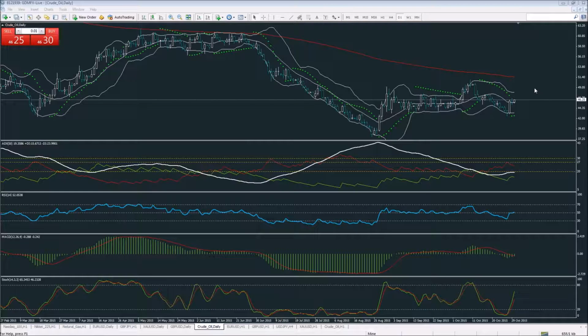Because of fluctuations between the two benchmarks, for example, one of them is selling for, let's say, $60 a barrel, which is the Brent crude. The other one is selling for $50 a barrel. The difference between the two prices is the so-called spread.